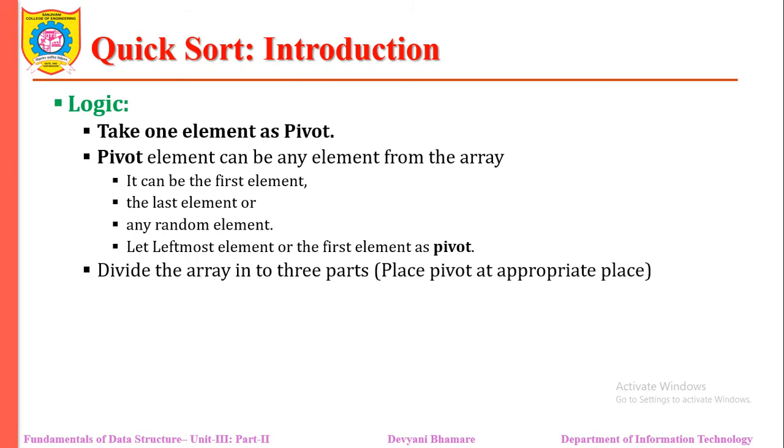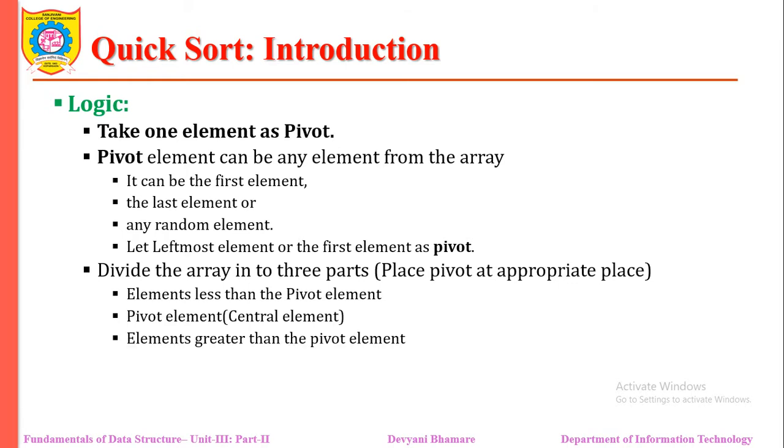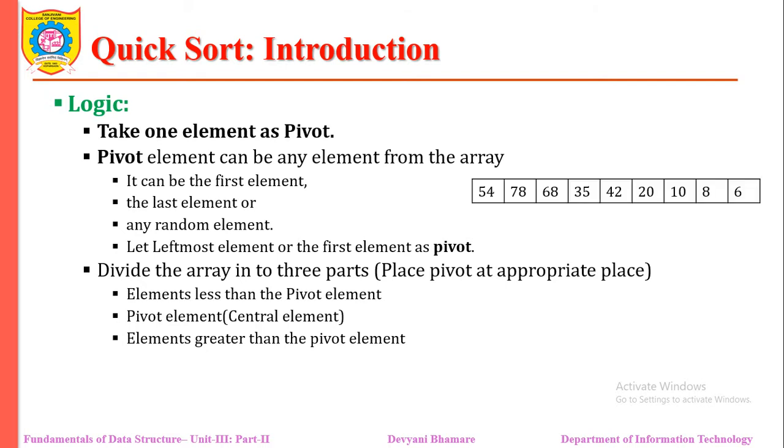Then we divide the array based on that pivot element. The elements less than the pivot element go on the left-hand side, at the center is our pivot element, and the elements greater than the pivot element go on its right-hand side. Means we have divided the array into two portions.